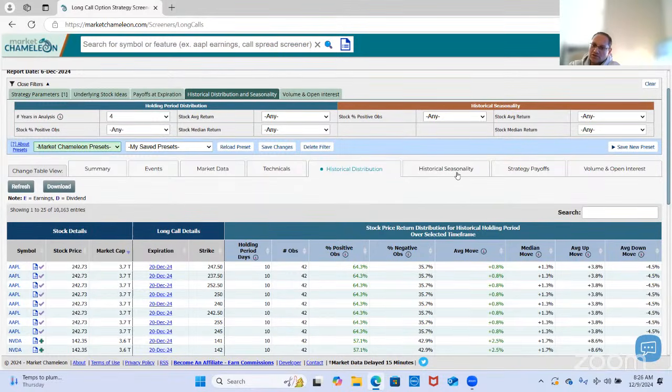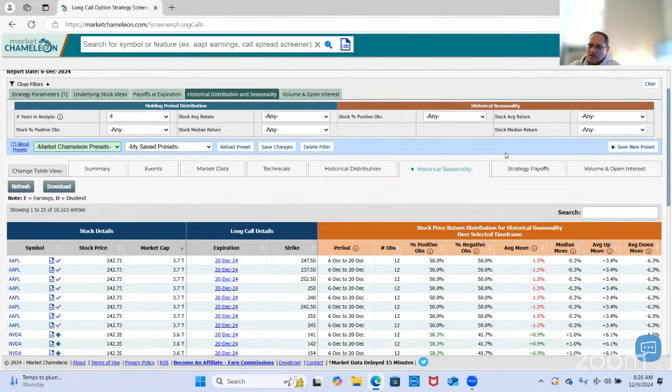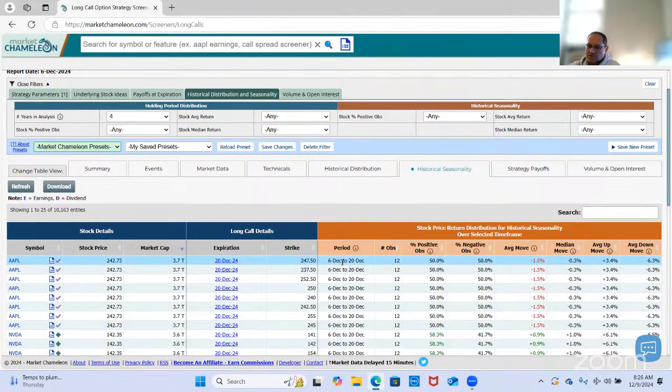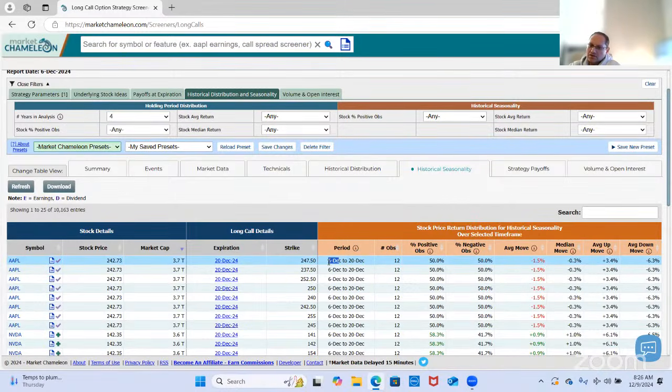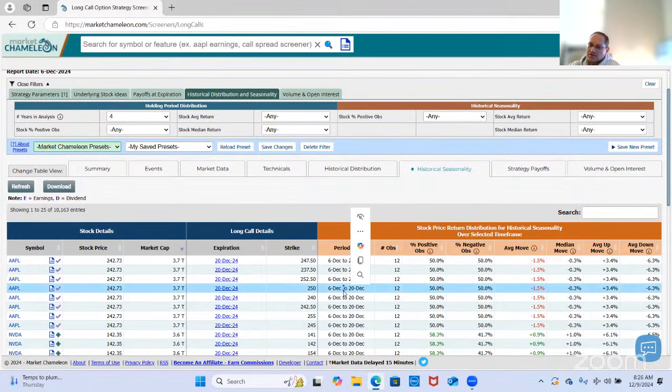See this tab? We click on that. And here, this is the analysis. Now we're analyzing from December 6th to December 20th. So as you see, December 20th expiration. This looks at end of day December. Keep in mind, we're not open yet, so this is looking at end of day data from the previous day, Friday.